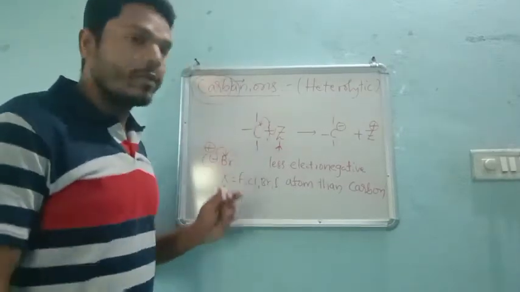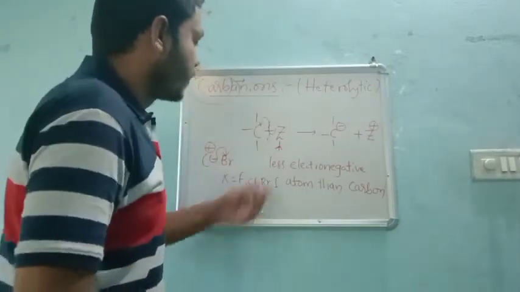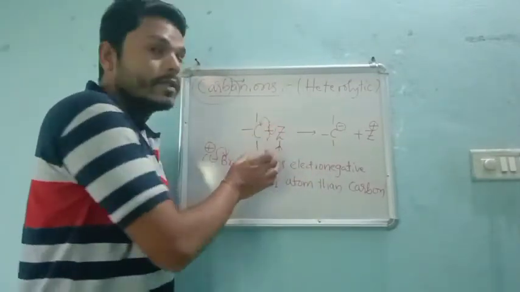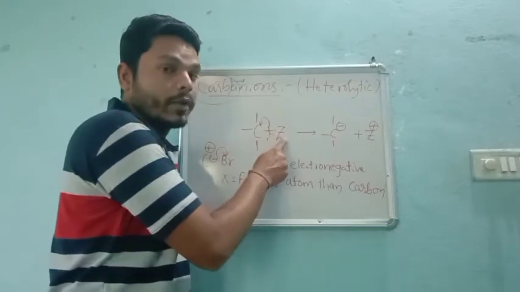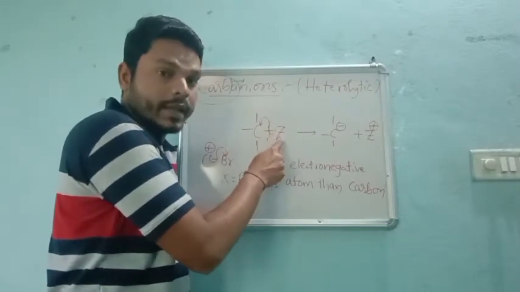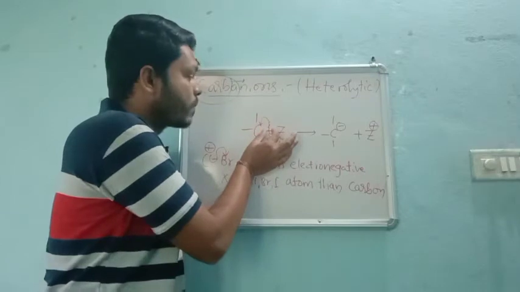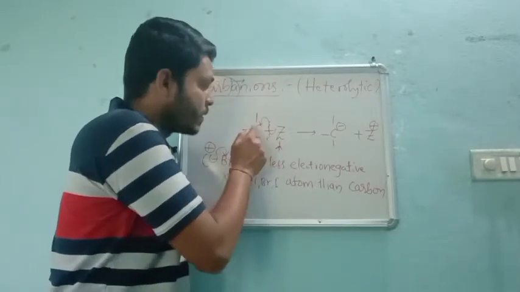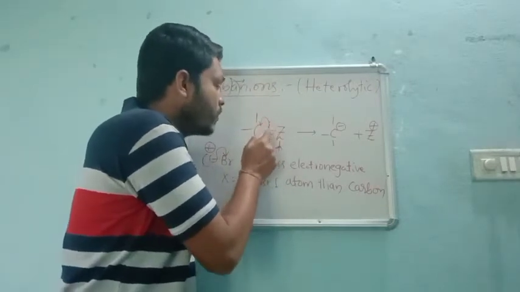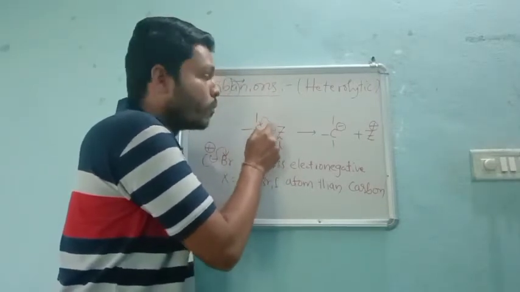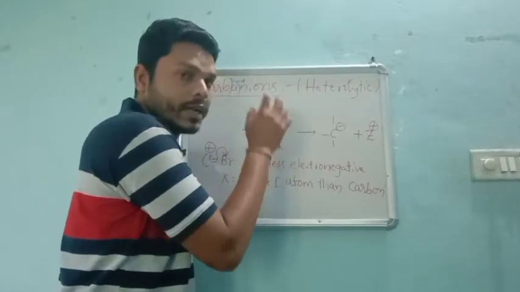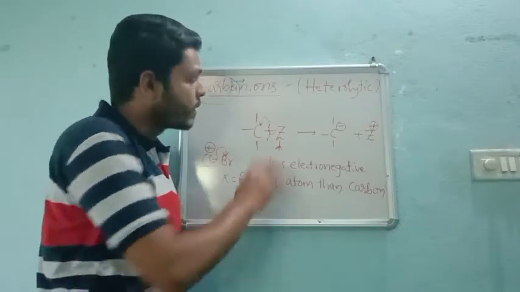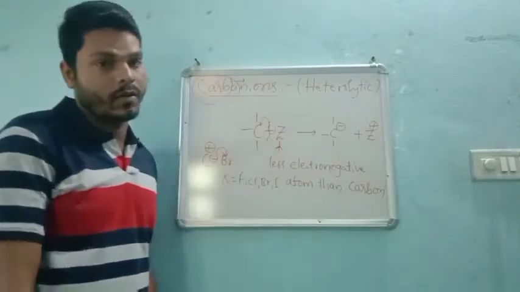How will the carbanion be produced? When there is a less electronegative atom than the carbon. If the carbon has a less electronegative atom like Z, then when the bond breakage takes place, this carbon will not leave this bonded pair of electrons to move with this Z. Why? Because Z is not so strong that it can drag these two electrons, right?